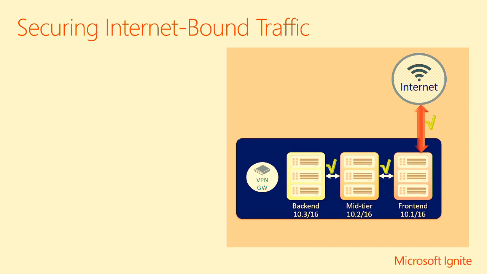What if the virtual machines that are hosting the applications in the mid-tier and backend subnets still need some sort of internet access, for common things like connecting to Windows Update, or certificate requirements, that kind of thing? They still need some sort of internet access, but then it has to be done in a very secure way.